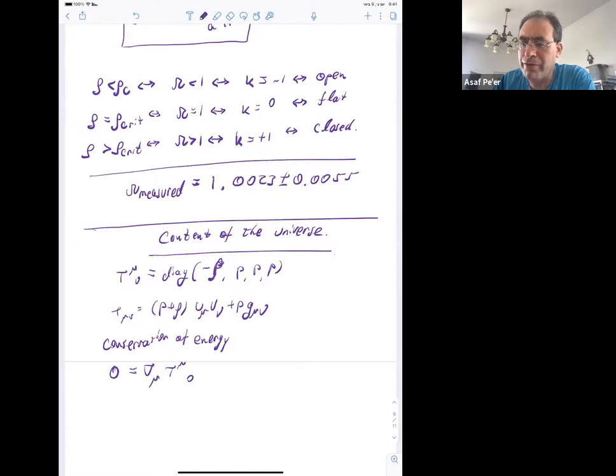If you don't feel comfortable, then play with that a little bit at home until you feel comfortable with that. I think we derived that when we spoke about the stress energy tensor. Did I derive it for you? Euler equation, conservation of energy, that's what it is.